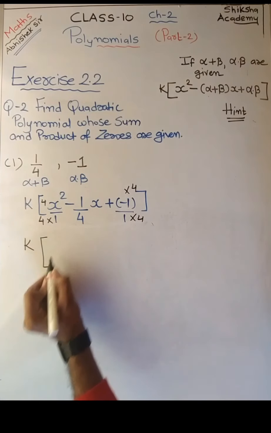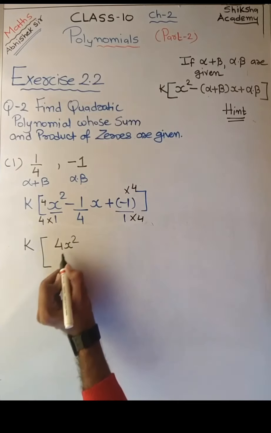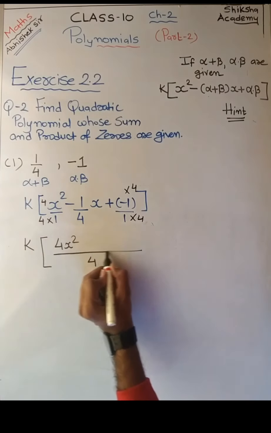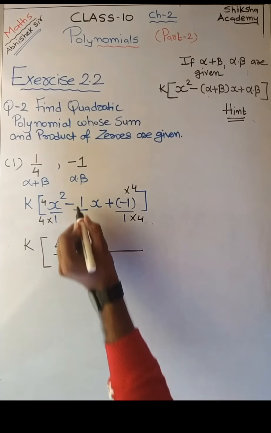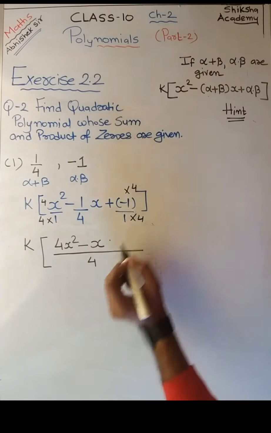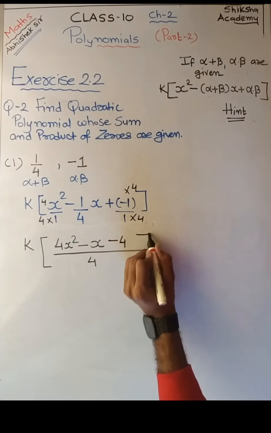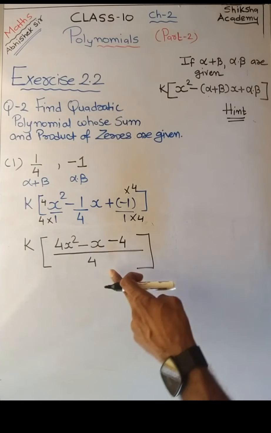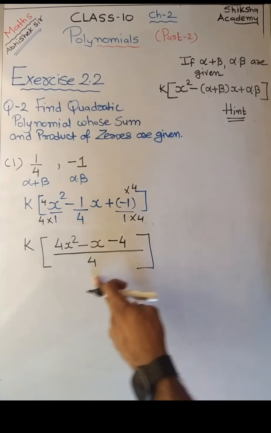So k 4x square upon 4, I have taken this into a common, minus 1 into x, that is minus x, and minus 1 into 4, that is minus 4, right? Again there is only one thing remaining, that a simple polynomial doesn't have anything in the denominator.